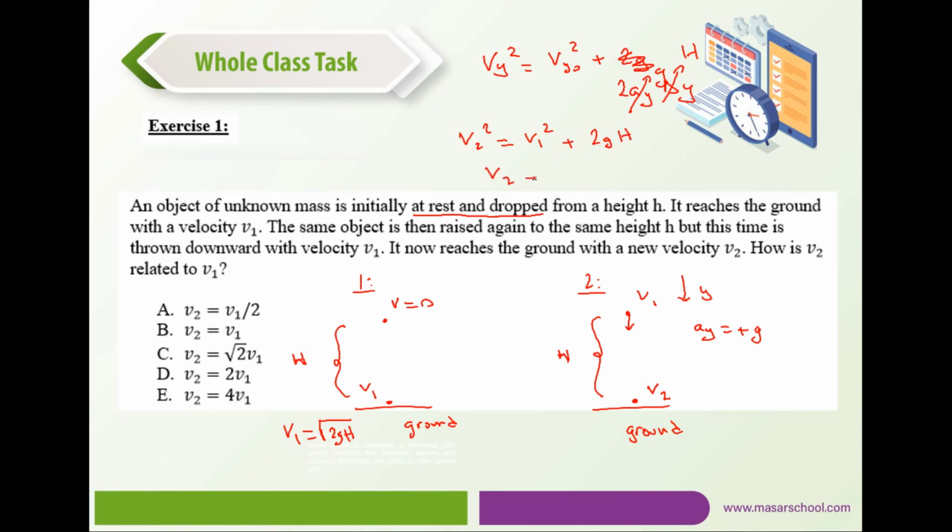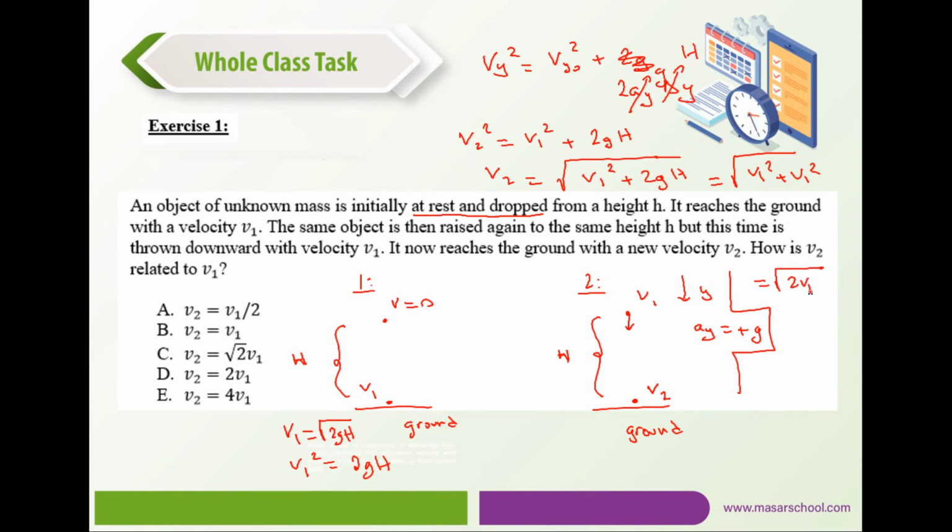Now v2 would be radical v1 square plus 2gH, but we know that v1 square is 2gH, so this 2gH can be replaced by v1 square. So we have v1 square plus v1 square, and that would be radical of 2 v1 square, and that would be radical 2 v1. So v2 is radical 2 v1, and the correct choice in this case is C.